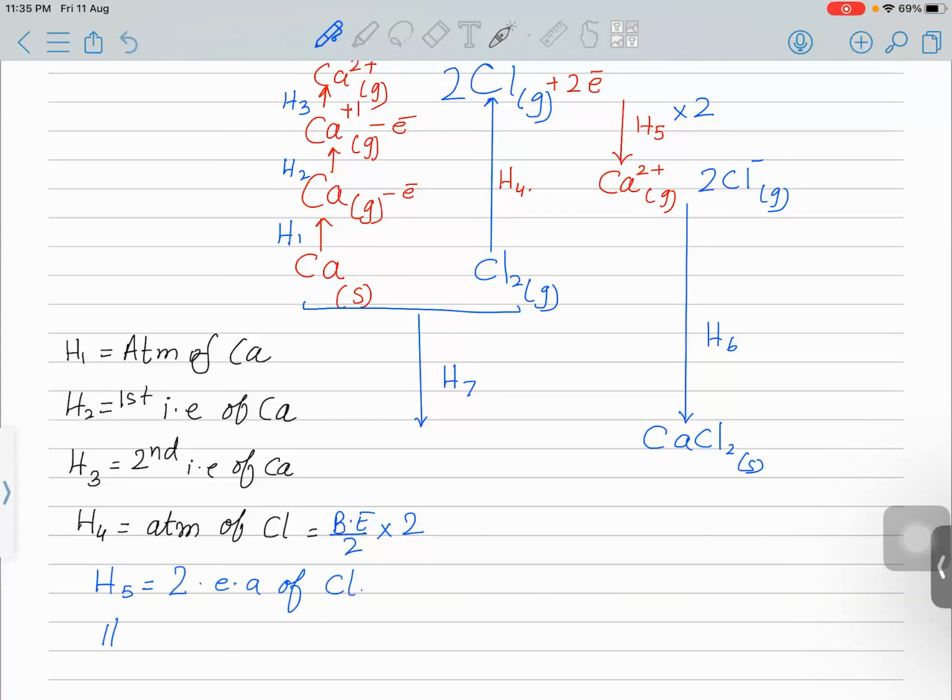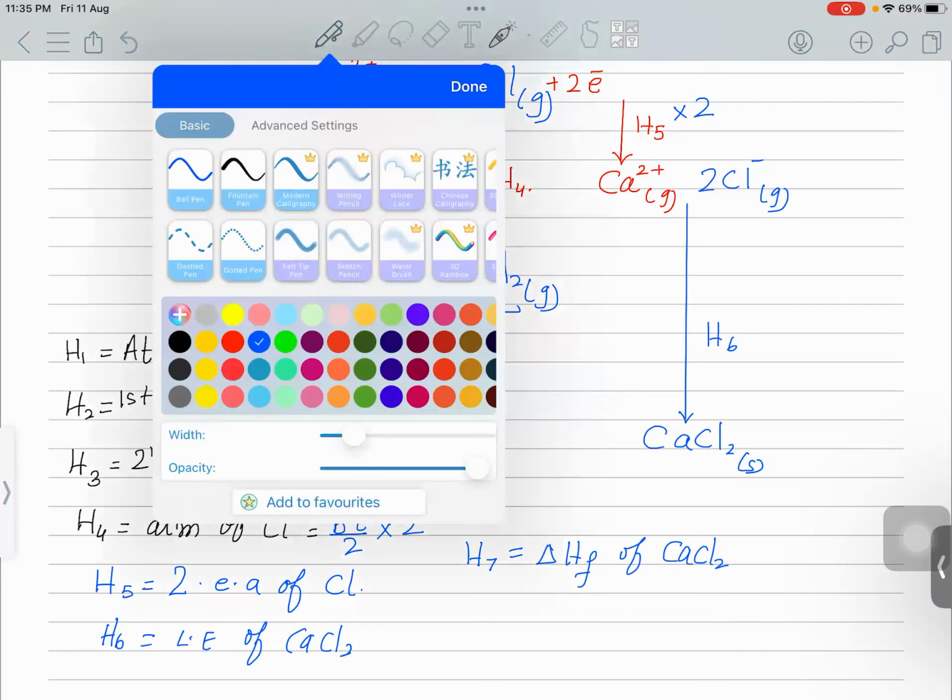Now, Alia, what is H6? It's the lattice energy of CaCl2. And what is H7? Enthalpy change of formation of calcium chloride. Now, what is the formula to find lattice energy?